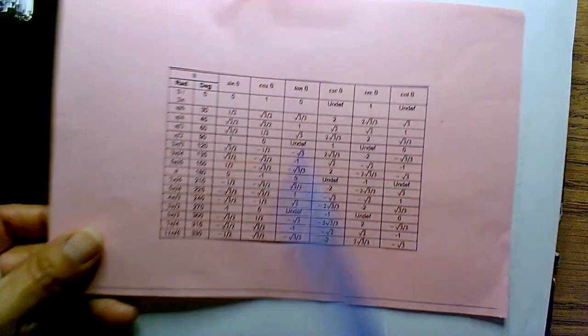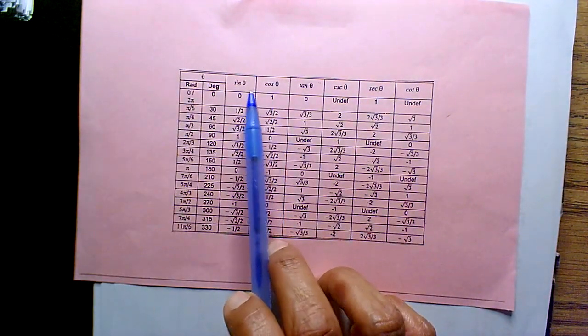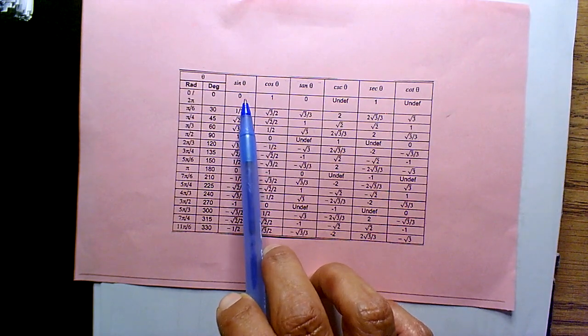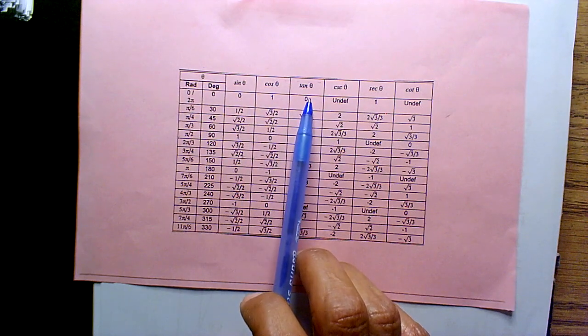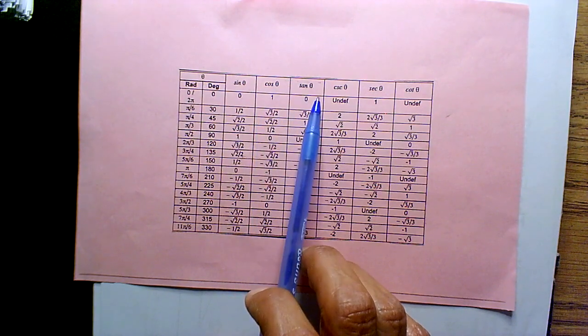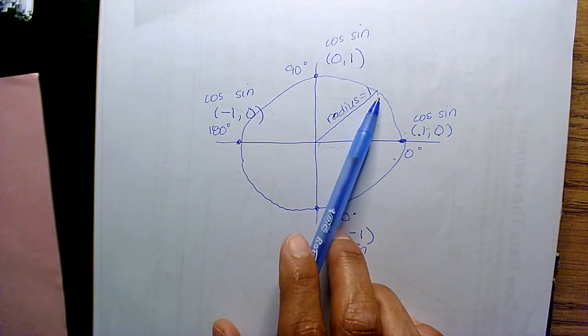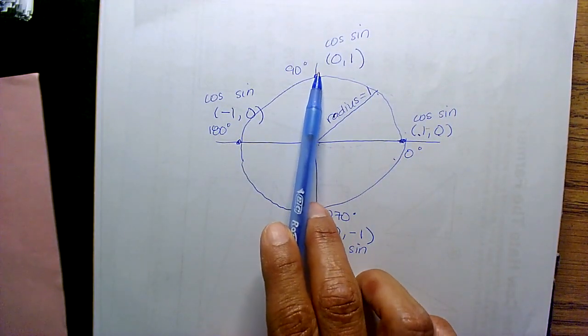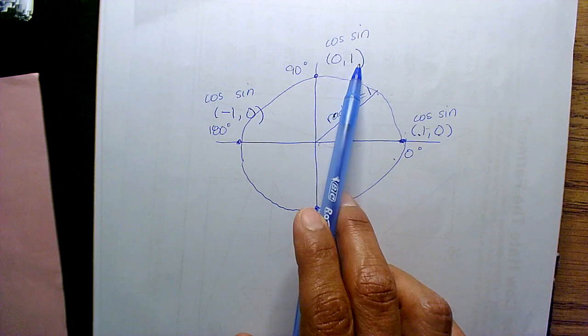That's why at 0 you see cosine is 1 and sine is 0. And tangent is sine over cosine, so what's 0 over 1? 0.